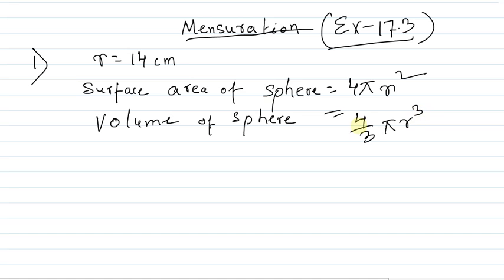This is the formula to find volume of a sphere. So as I have told you, the surface area of a sphere is 4 pi r square and volume of a sphere is 4 by 3 pi r cube. Okay, take it.